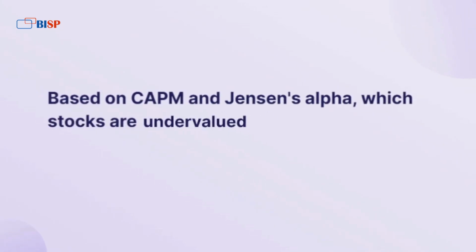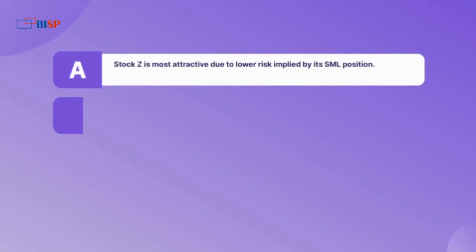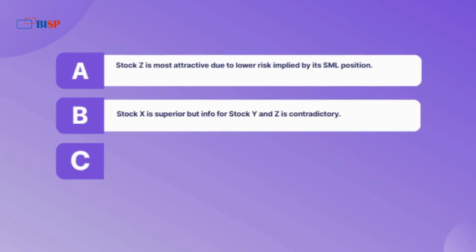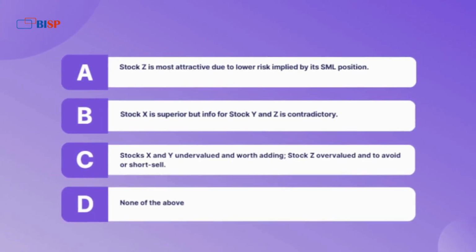Based on CAPM and Jensen's alpha, which stocks are undervalued or overvalued? A. Stock Z is most attractive due to lower risk implied by its SML position. B. Stock X is superior but info for stock Y and Z is contradictory.